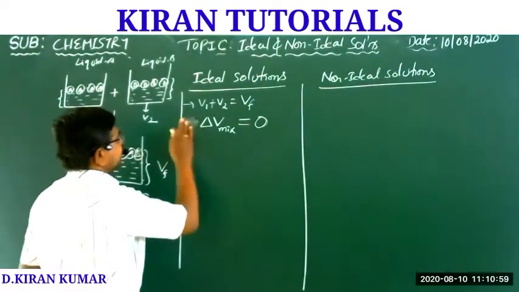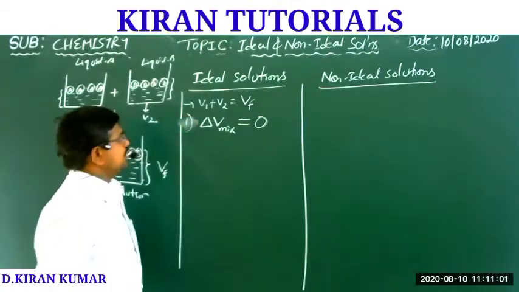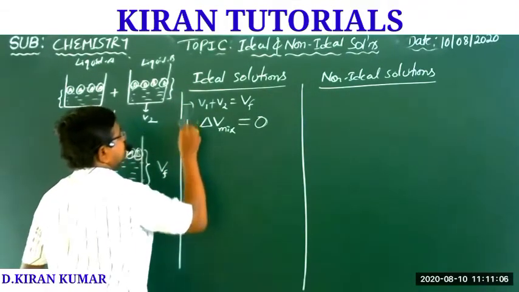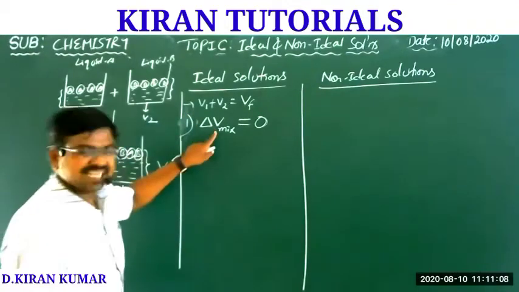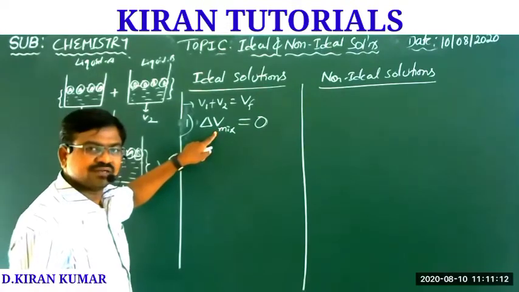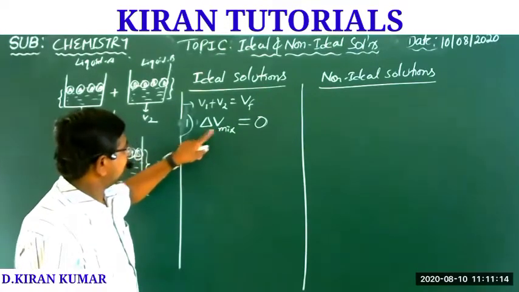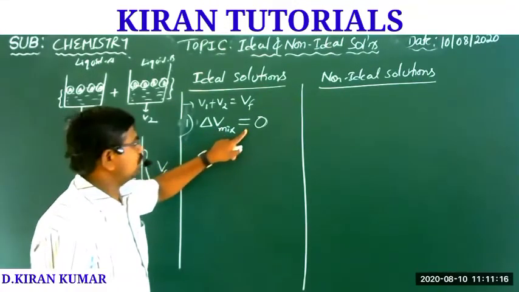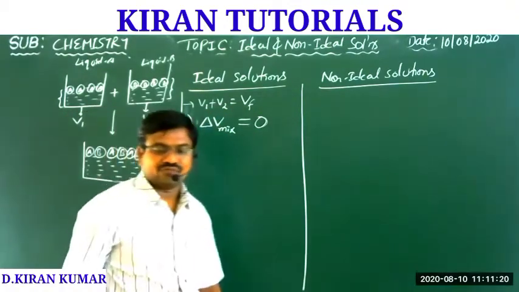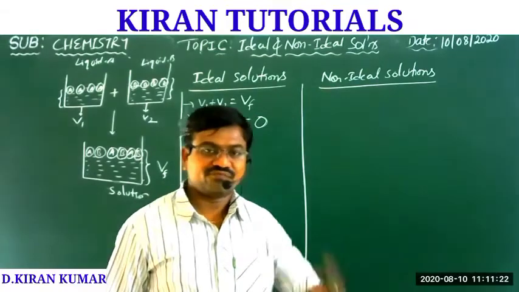That is the first point: change in volume on mixing, delta V mix equal to 0, because V1 plus V2 is equal to V final. Clear?